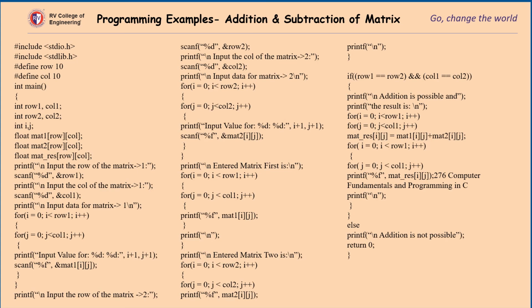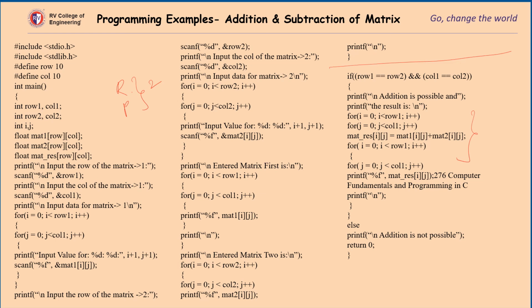Here also, reading and printing of two matrices must be done first, and then you perform the actual logic. However, before proceeding further, you compare if row 1 is equal to row 2 and column 1 is equal to column 2. Then print addition is possible and you compute the addition. How do you do it?